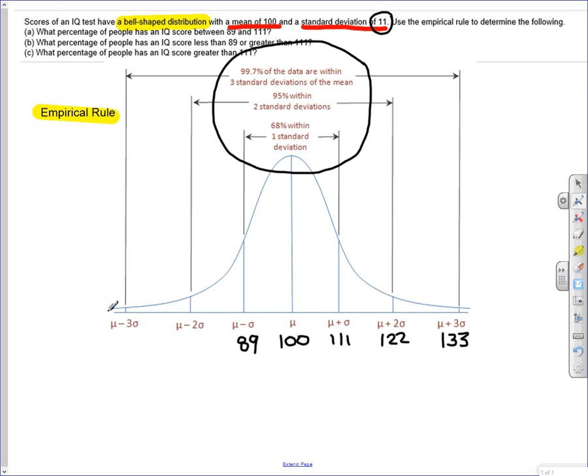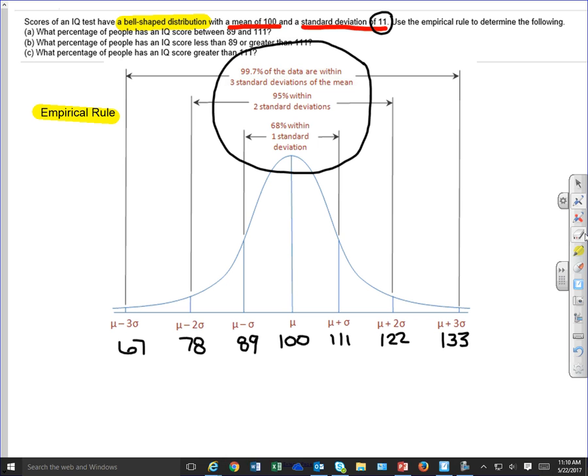That's what we might distinguish as an outlier, if it's more than 3 standard deviations away, so we don't really worry about those numbers. Here I'm going to subtract 11 again and I'll be at 78, and then subtract 11 and I'll be at 67.